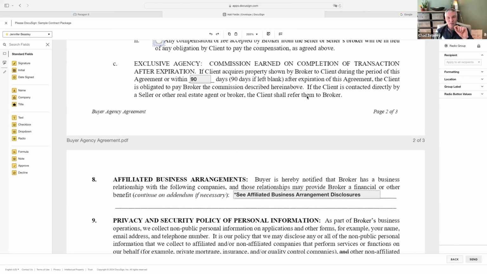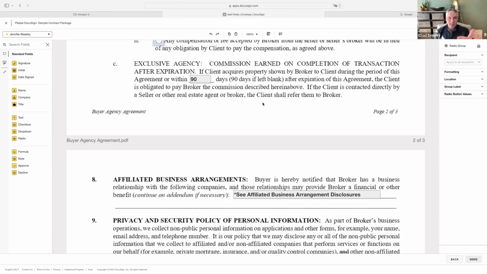And if you've shown them a house and the seller got all buddy with them and started calling them after you've shown the house, they are to refer that person back to you. This is just putting it on them that they have some obligations to you as well as you to them. So this is what gives teeth to our agreement, and it's a 2-part thing. Here's what I charge.